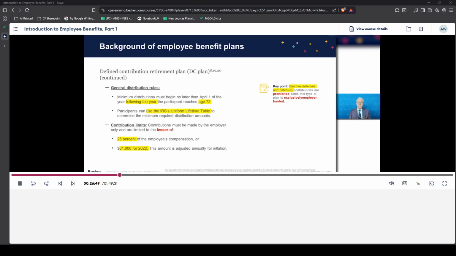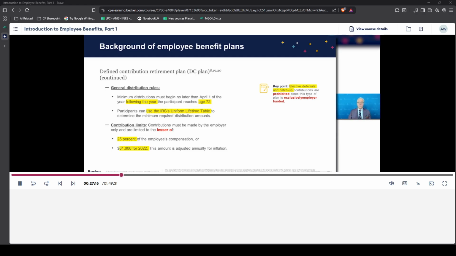Now, contributions must be made by the employer only and are limited to the lesser of two amounts. Notice the contributions are made by the employer into this plan. 25% of the compensation, or $61,000. So if you happen to be somebody who's making $300,000, 25% would be $75,000, but it's the lesser of that amount or the $61,000.